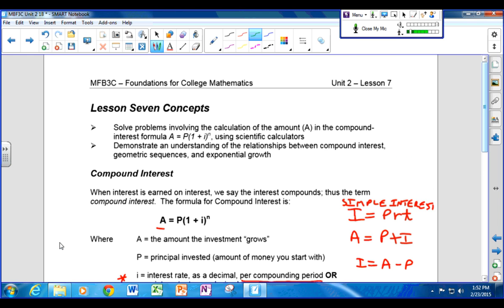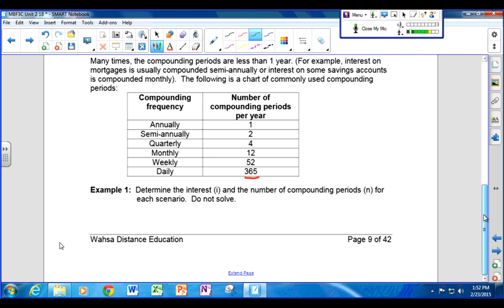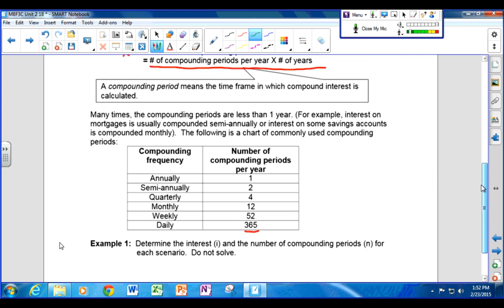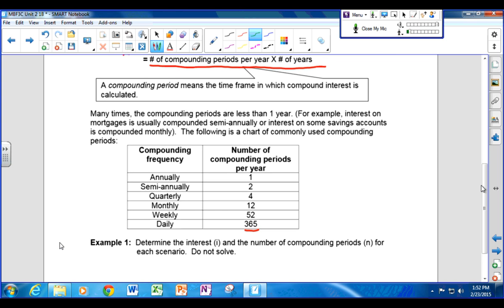This is on page 9 of Unit 2. There it is. Bi-weekly? They don't have bi-weekly. Okay, you might want to make your own chart. Bi-weekly is 26 per year. Isn't that interesting?